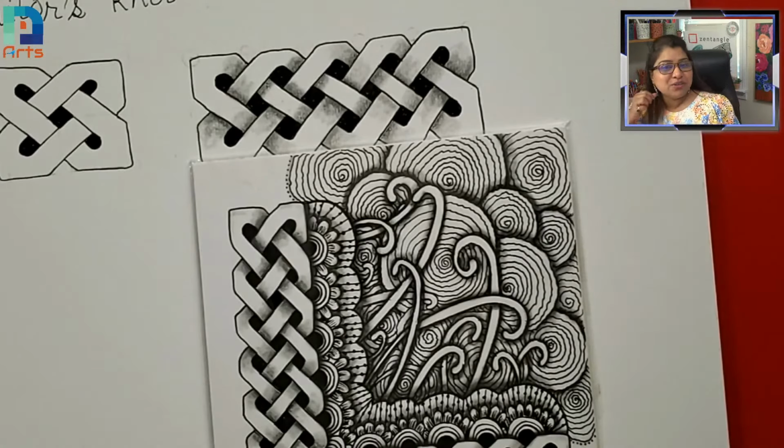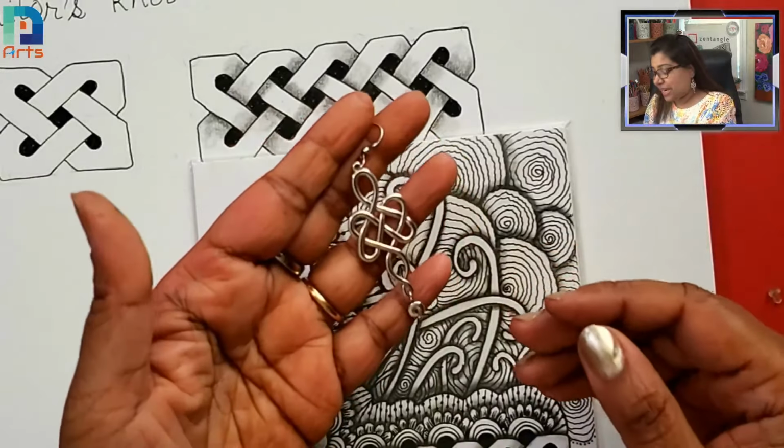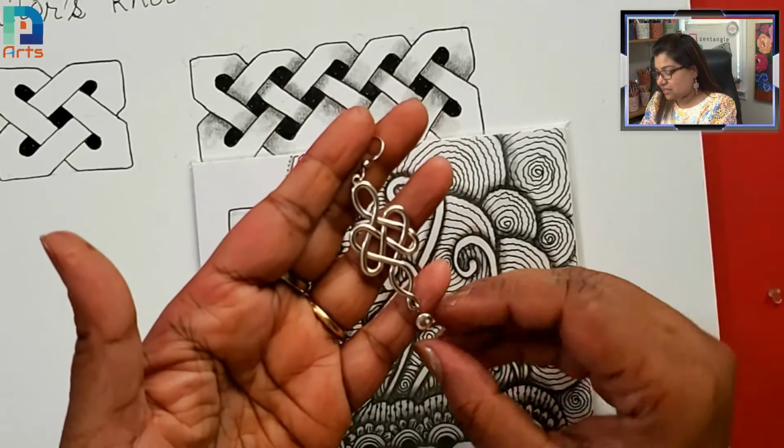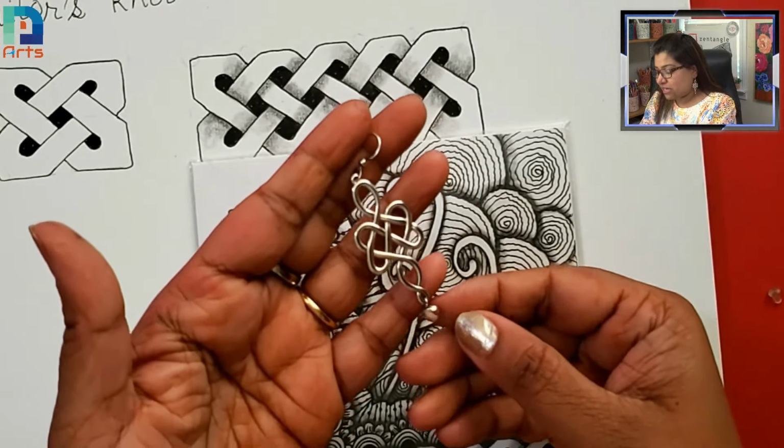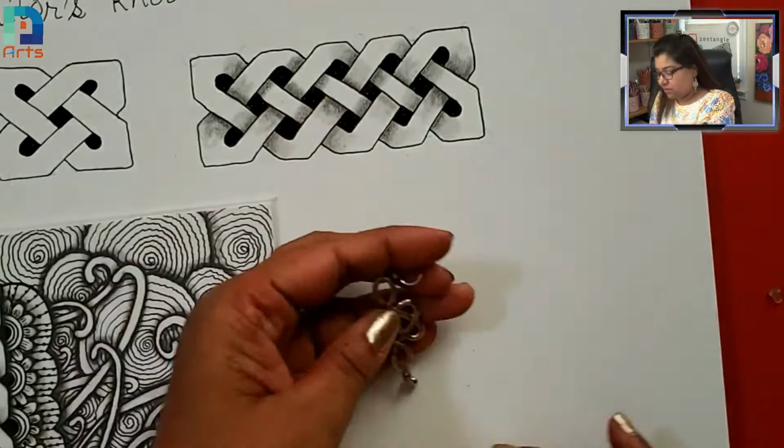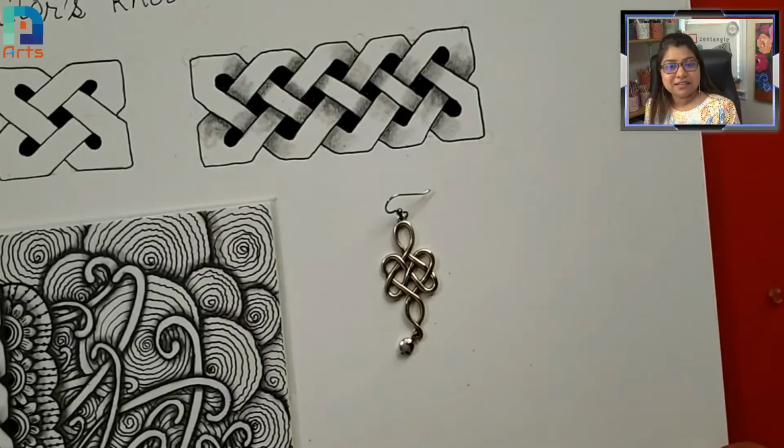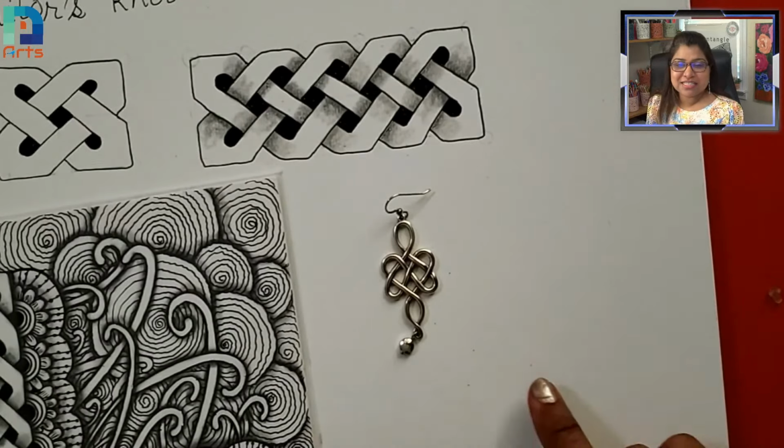And I really want to show you this earring. Let me just take it out and show you the jewelry. This is the Celtic knot, the endless Celtic knot symbol, which I'm wearing right now. You can see that here. Just to show you my love for the Celtic knots, this is the endless Celtic knot.